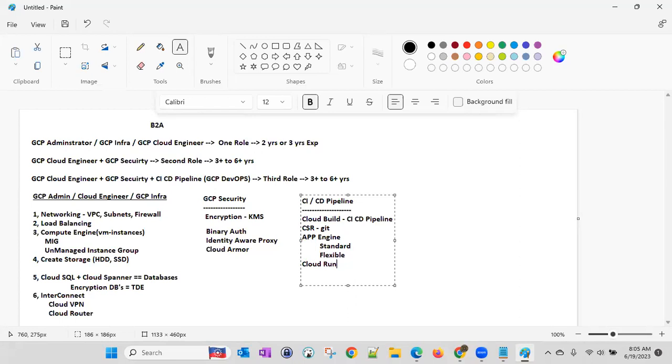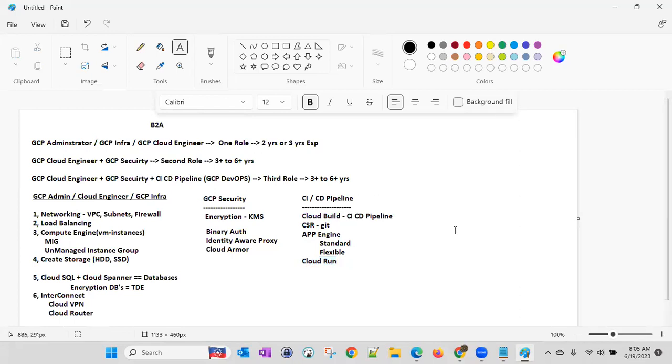Even if you are a software engineer, I don't bother about the firewall or load balancing or VM. You are concentrating that my website has to run successfully without any timeouts. They need to buy, right? Same case. That is the reason Cloud Run is very important in GCP, one of the key roles. Like this we have. Okay, fine.